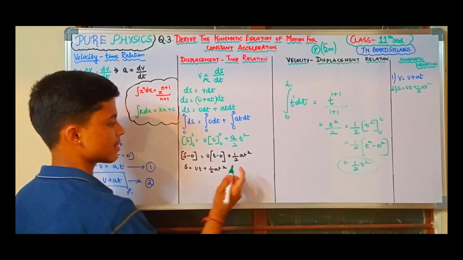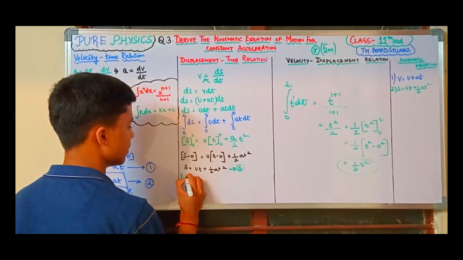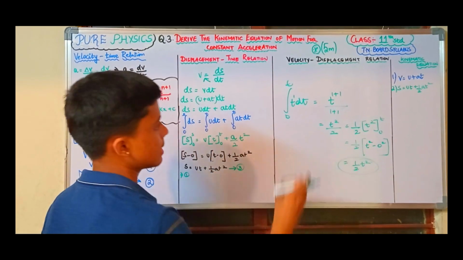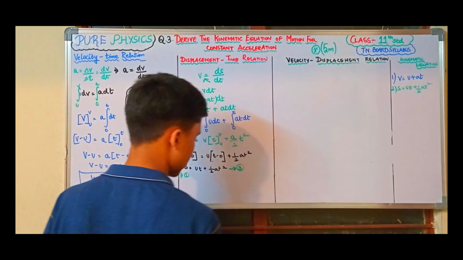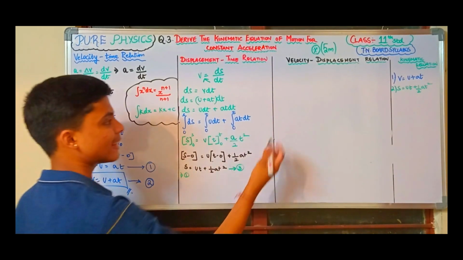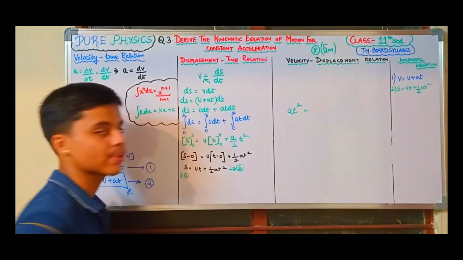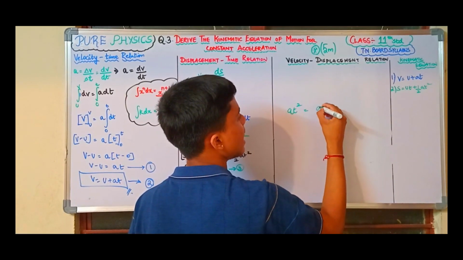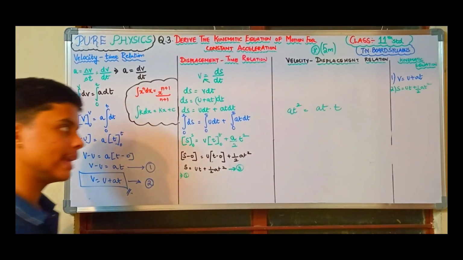Now I'm going to substitute the first equation into the second kinematic equation. Now let me have this equation as equation number 3. Now from equation 1 I can write, at square can be written in another form. How can I write at square? I can write it as at into t, because when you multiply at with t, you will get at square.